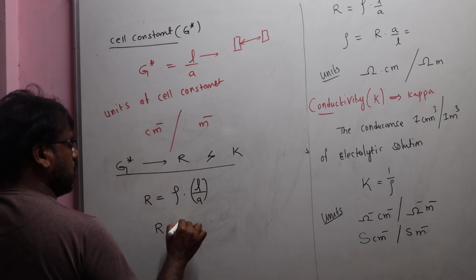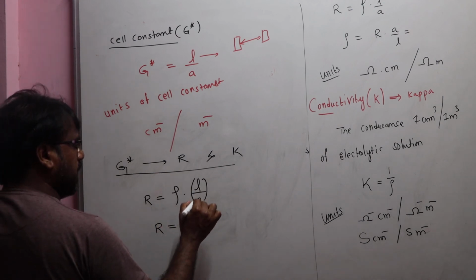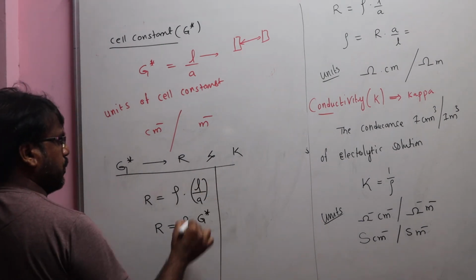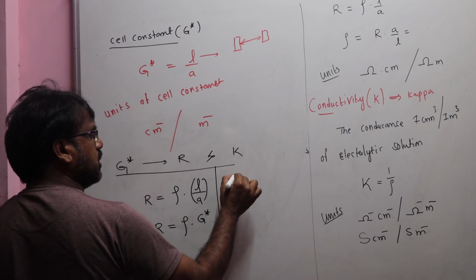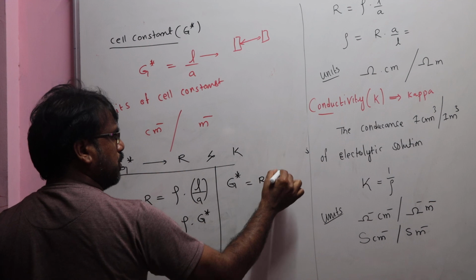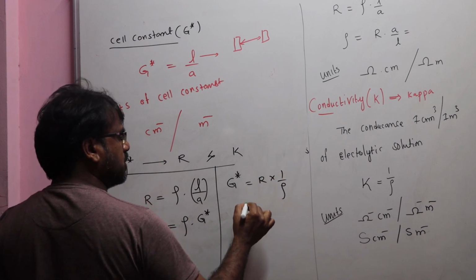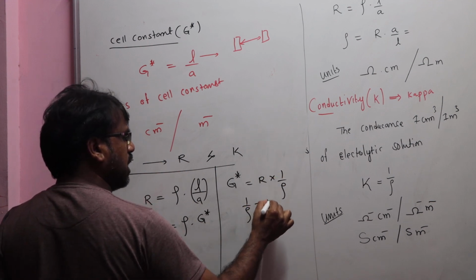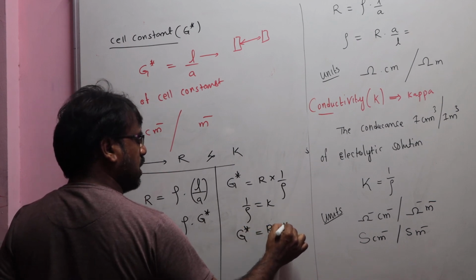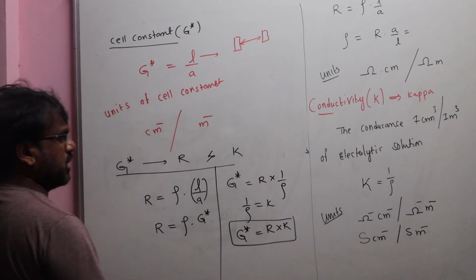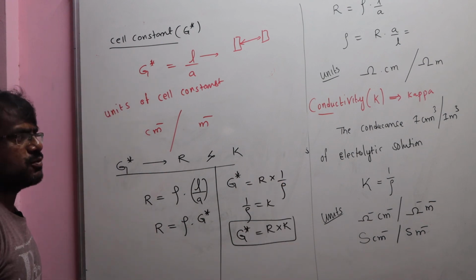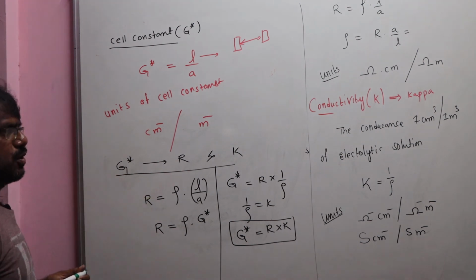So G star is equal to R into 1 by rho. 1 by rho is nothing but conductivity K. So G star is equal to R into K. So this is the relation. Sometimes they are going to ask questions on that formula.